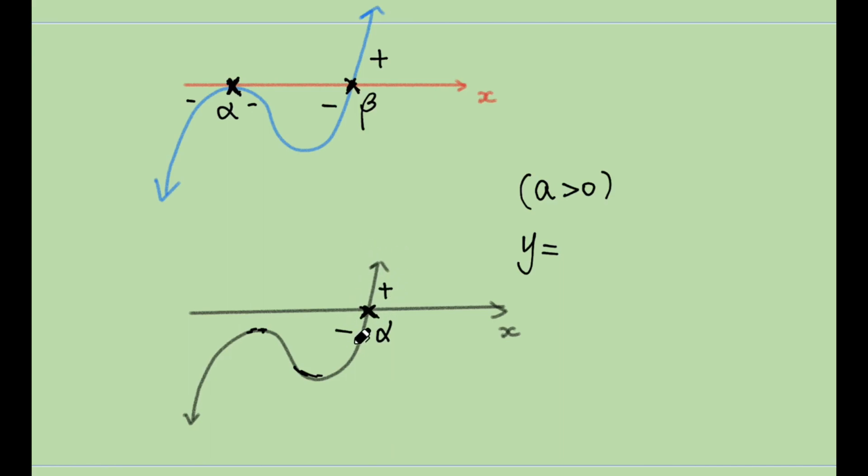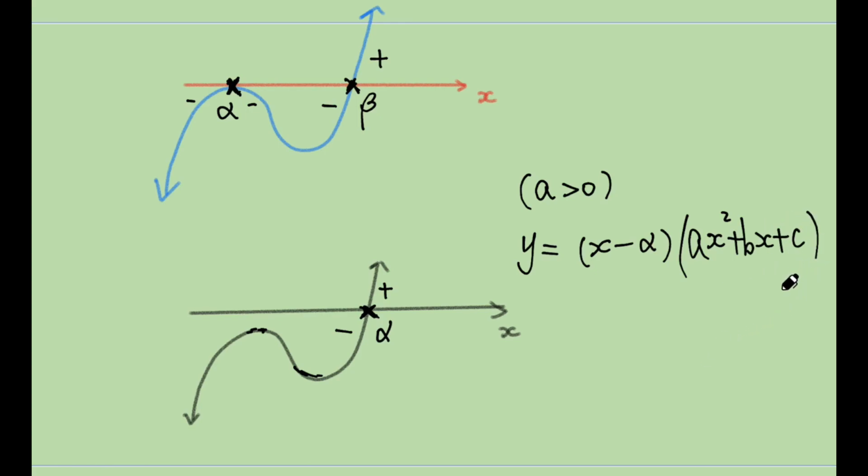To the left of alpha, the y values are negative. In this case, we can create the factor x minus alpha because the graph crosses the x-axis. And then another factor should be a quadratic expression, ax squared plus bx plus c.